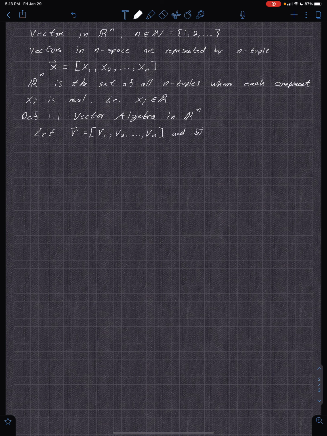And w, similarly, w1, w2, to wn. So same dimension, right? It's got to be n and n. It wouldn't make sense to have a fifth dimension and a tenth dimension and add. You'd have to make this a bunch of zeros to make it the same dimension. So n is what we want.